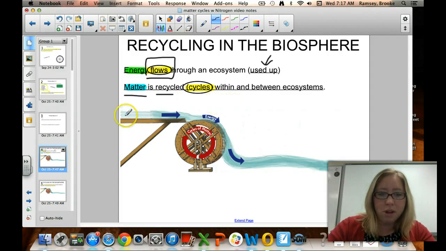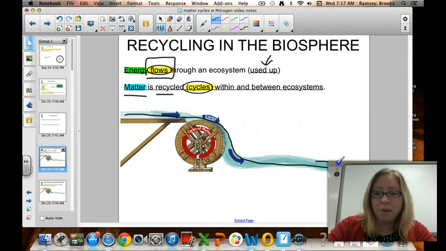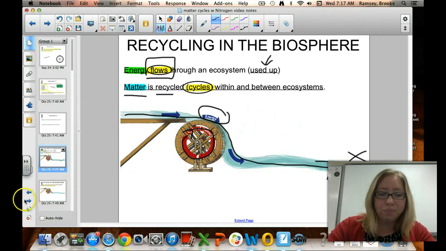So I have this picture here showing you the water flowing in one direction. That represents energy, and once it's used, it's gone. It can't come back. But matter, the carbon, the nitrogen, those kinds of things, those can recycle and be used over and over and over again.